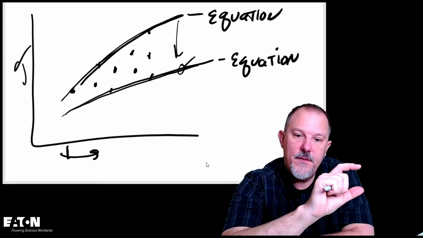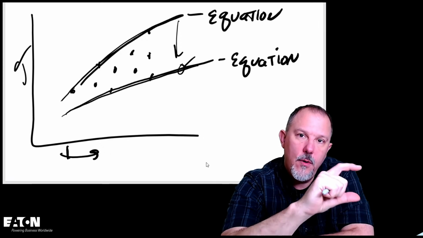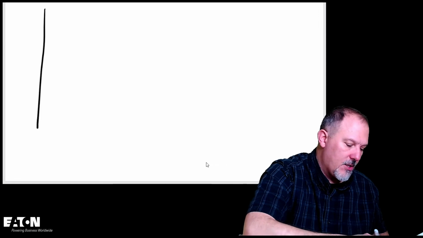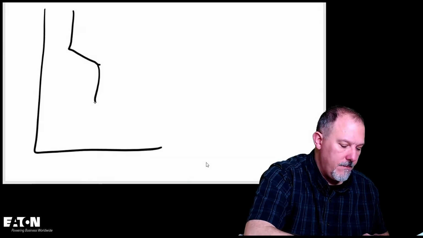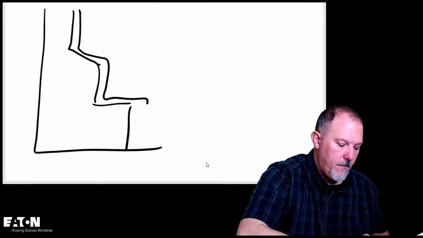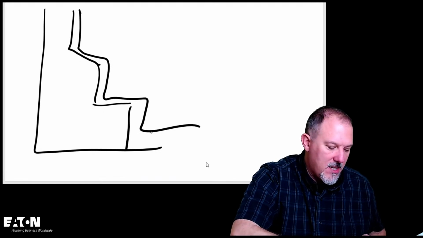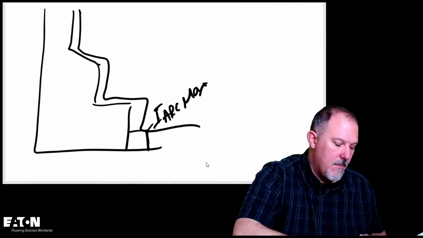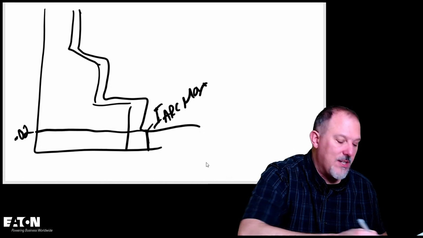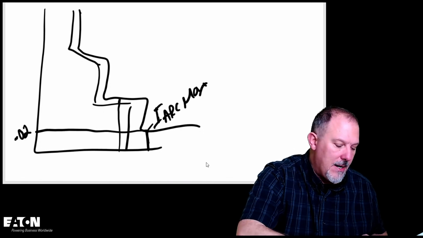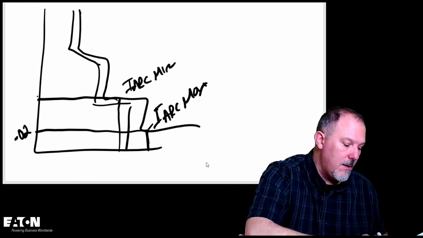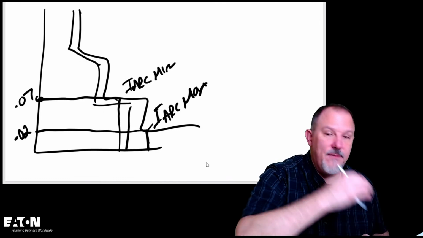So you have two values of arcing current, and the reason that we do that, let's go back to this circuit breaker again. If my maximum arcing current is here, so I arc max, my clearing time is, say, 0.02 seconds, and let's say that my I arc minimum is here, my clearing time could be 0.07 seconds.